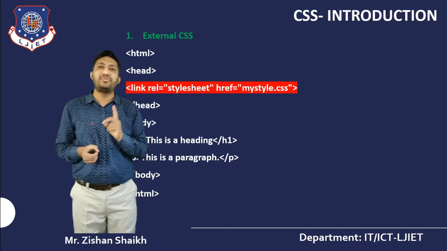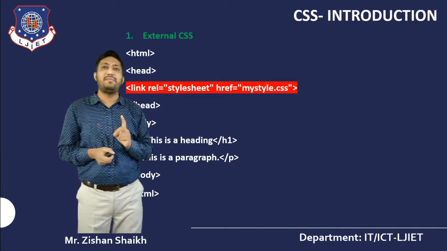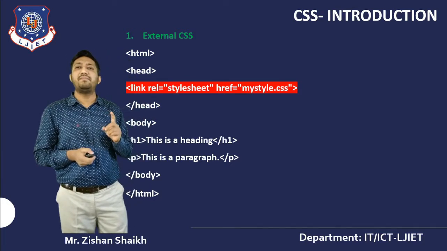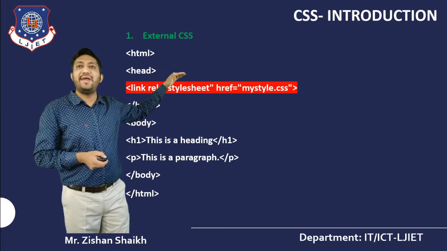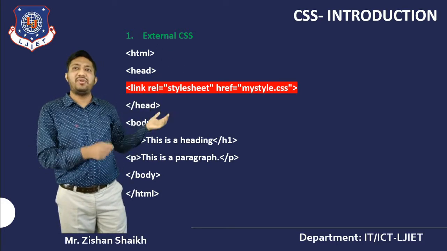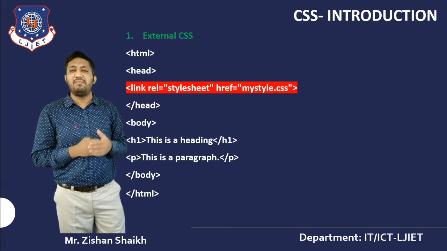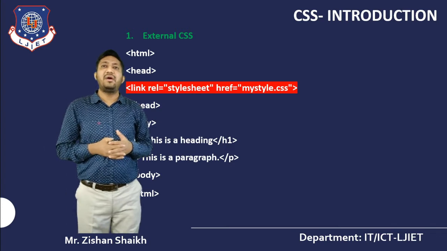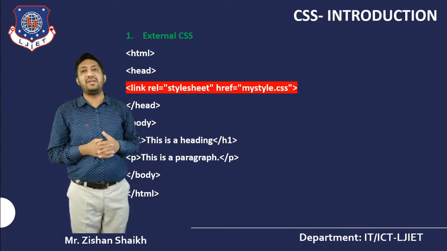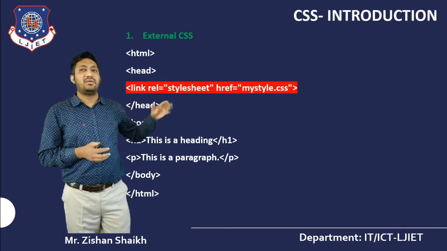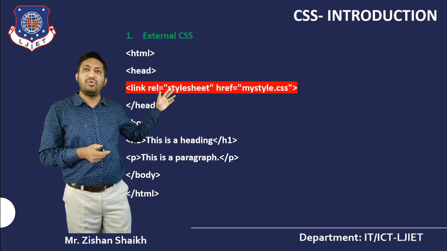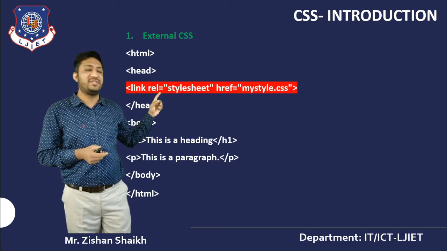Whenever you are using an external file, you must remember that your link must be in your header section. Before, in simple HTML code, the header section was not compulsory, but when you are using an external CSS, you must write your external CSS link code in your header section.